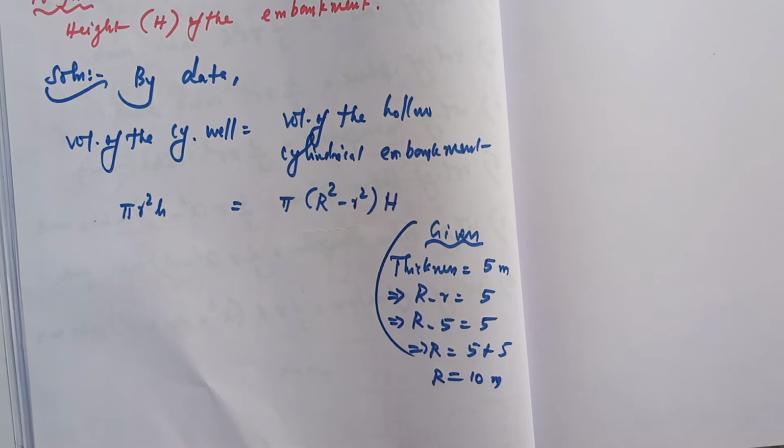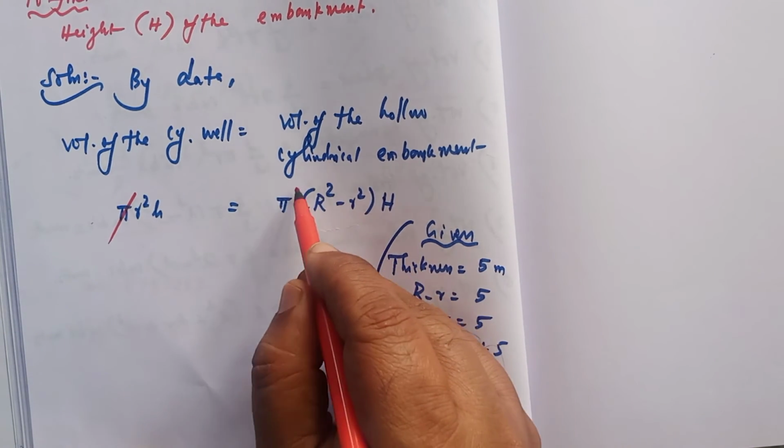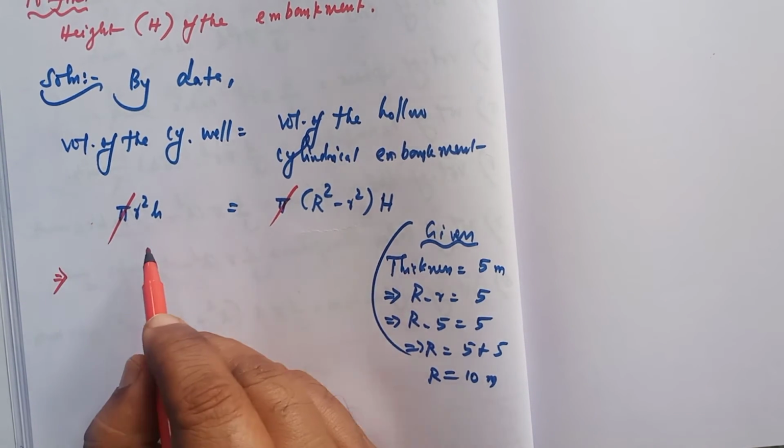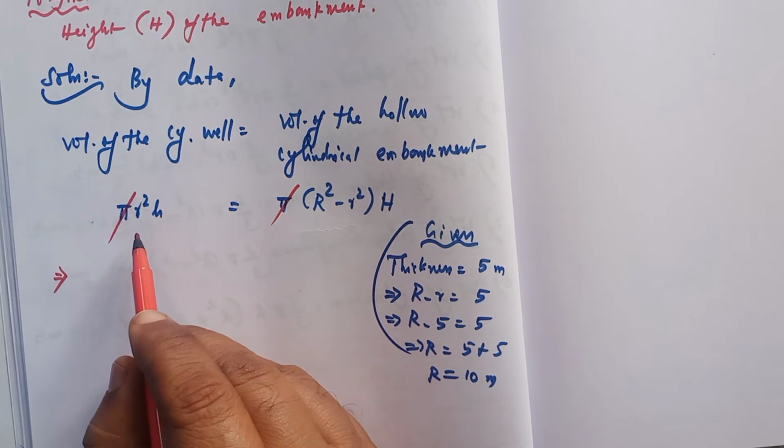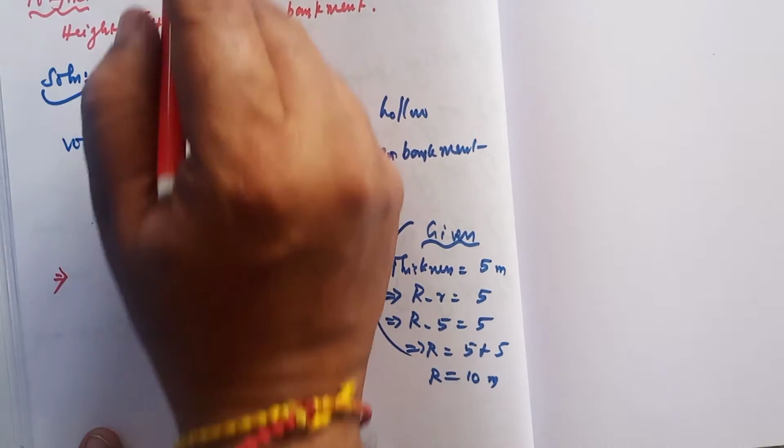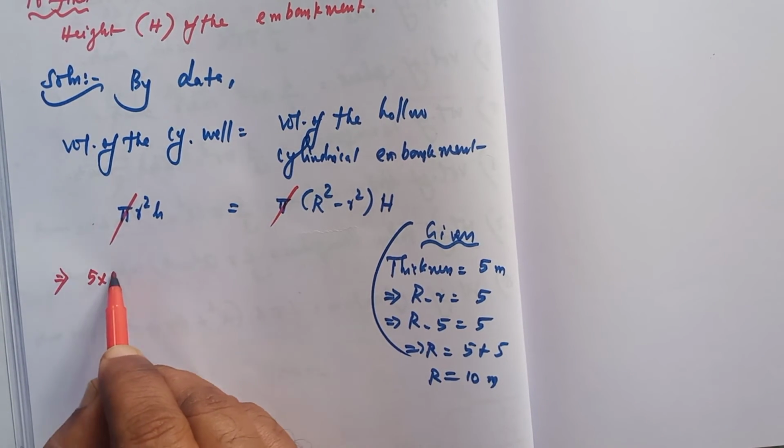Now pi gets cancelled, which implies r, that is small r, equals 5, 5 into 5.